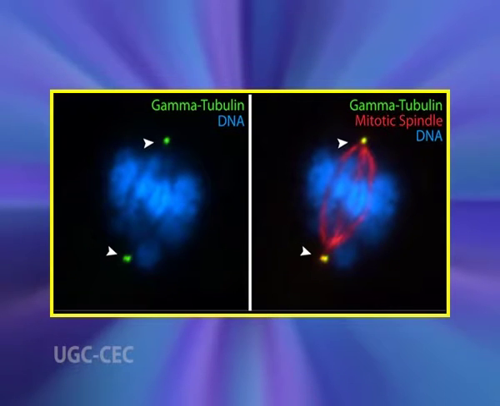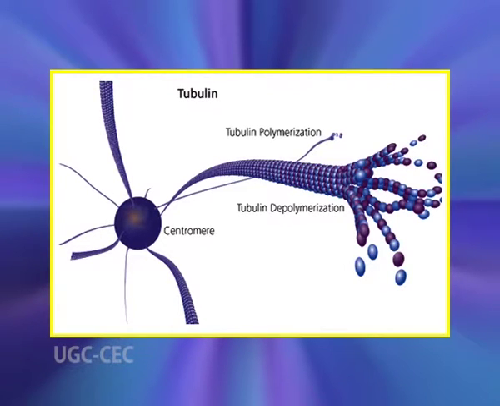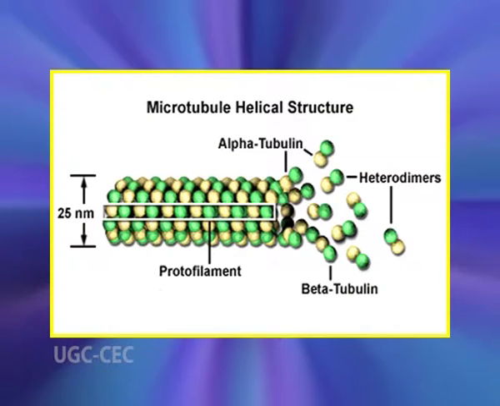A third type, gamma tubulin, is concentrated in the centrosome, where it plays a critical role in initiating microtubule assembly. Tubulin dimers polymerize to form microtubules, which generally consist of 13 linear protofilaments assembled around a hollow core. The protofilaments, which are composed of head-to-tail arrays of tubulin dimers, are arranged in parallel.